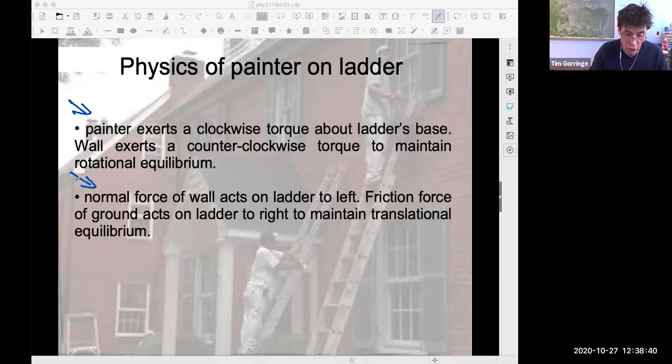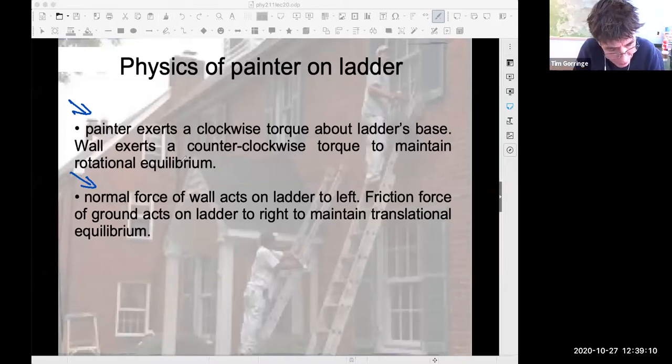Those two forces, the wall's force on the ladder to the left and the frictional force on the ladder to the right, are also in opposite directions and equal magnitude. So those two forces also add up to zero net force. And again, that's the translational equilibrium of the ladder.